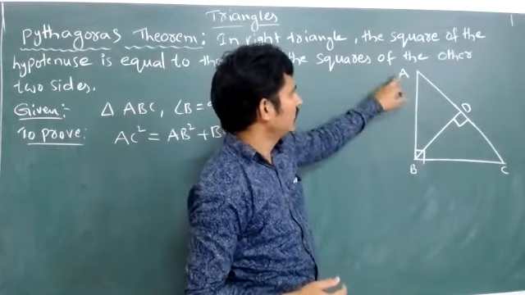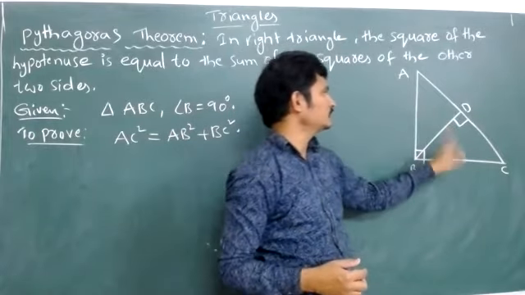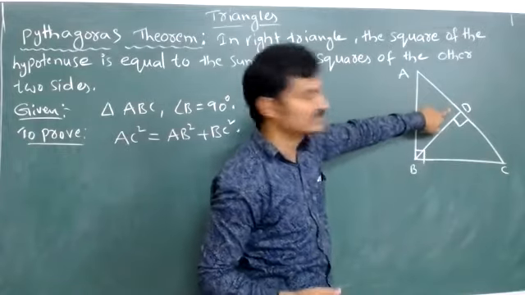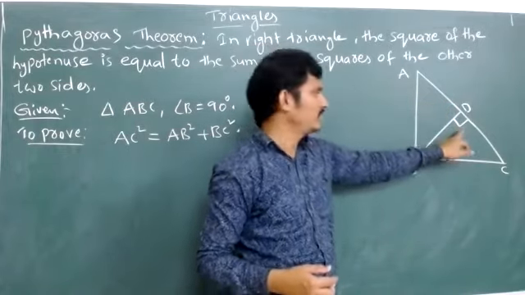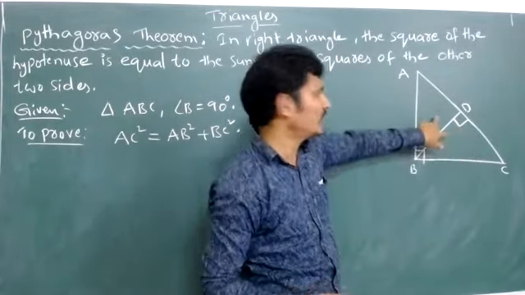Which are those? Triangle ABD and triangle BDC. These two are right angle triangles because angle D is 90 degrees in both.